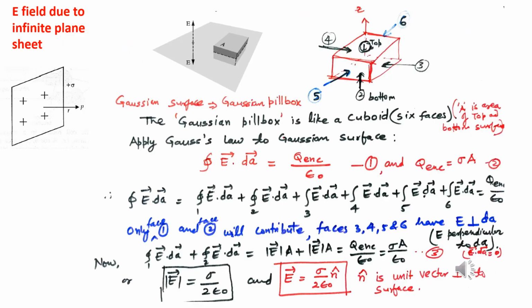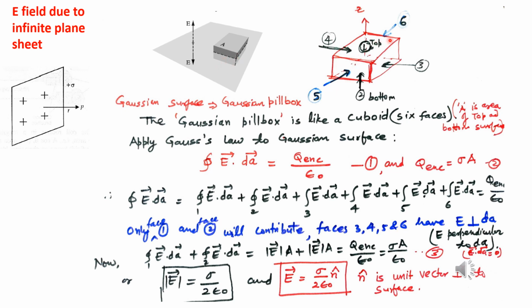So we will see one example. If we have an infinite plane sheet and we have to find the electric field due to this sheet, first we have to draw a Gaussian surface, and here we can take a Gaussian pillbox like this.